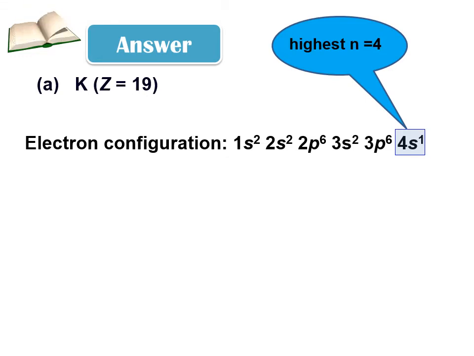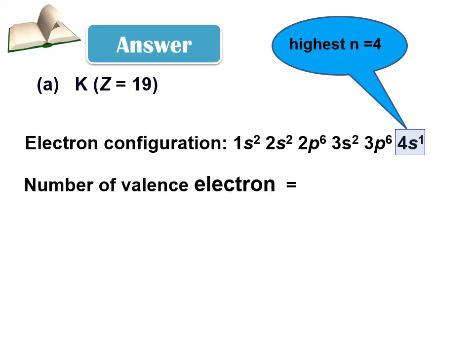Next, let's determine the block. The highest energy orbital is 4s, so potassium is in S block. Based on the 4s, there is one electron in the 4s.